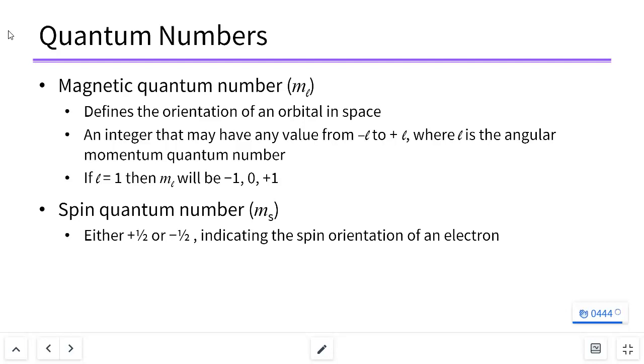So the spin quantum number specifies one of those electrons. The previous number gave us the orbital, the one before gave us the subshell, and the one before that gave us the energy level. Each new quantum number brings us from very general information about the electron to very specific information about the electron.